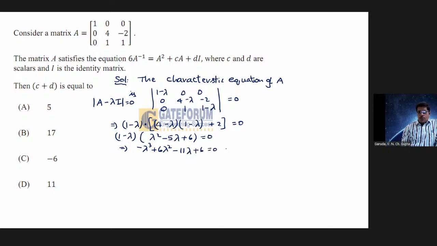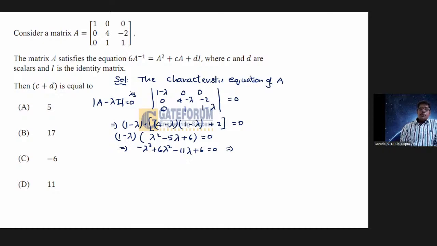So to solve a polynomial algebraic equation, it is better to keep the highest degree coefficient sign positive. It is better to write the highest degree coefficient with a plus sign.